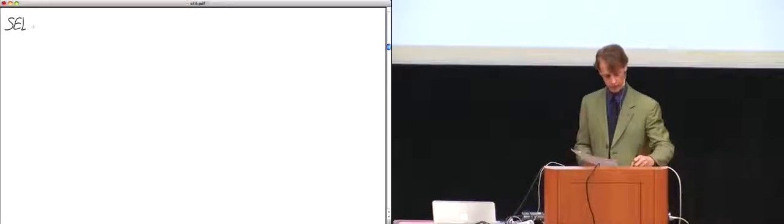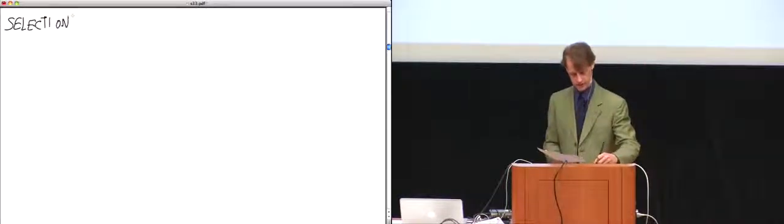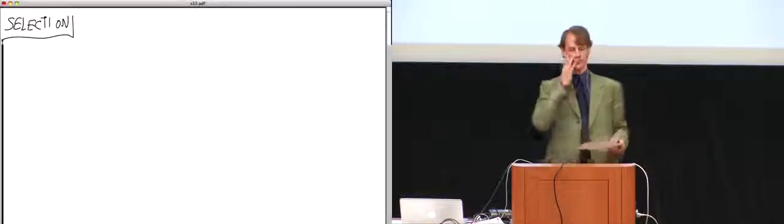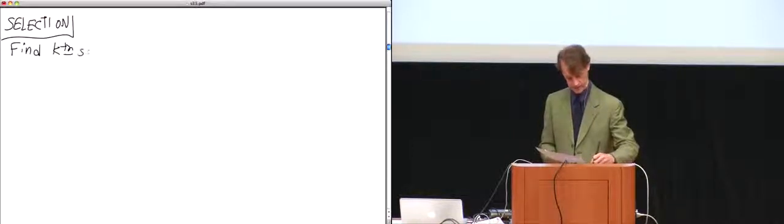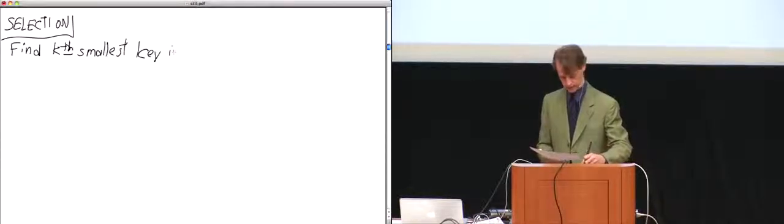Now I want to quickly go through 3 topics related to sorting. The first one is called selection. Suppose that you want to find the kth smallest item or key in a list.